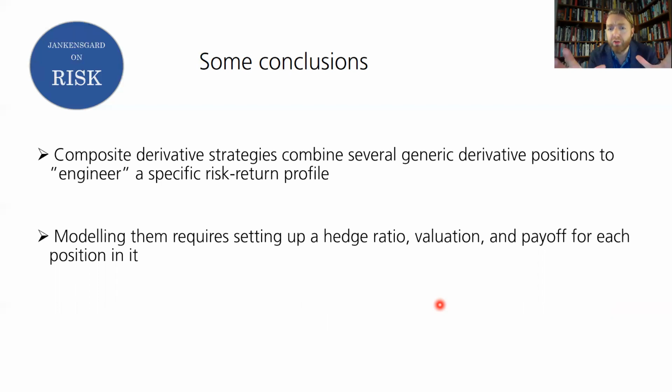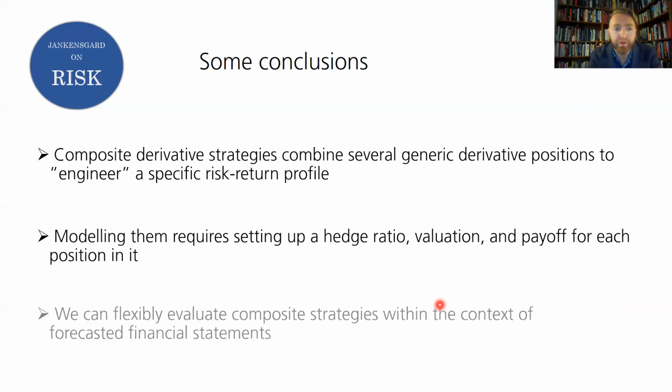We have to do valuations for each of these generic positions and payoff for each of them, so that they add up to the composite strategy. And we can do this very flexibly within the context of forecasted financials. These self-balancing models provide you with great security, right? When everything balances, you're doing things right, and you can link it up to strategies and investments and business plans, and that's the proper context for derivatives, right?